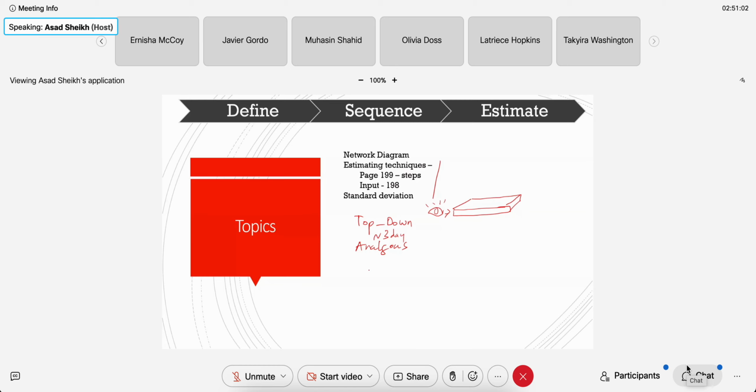And then you bring in a person who knows about the slab, a contractor, and he looks at it and says it's going to take exactly 2.5 days.